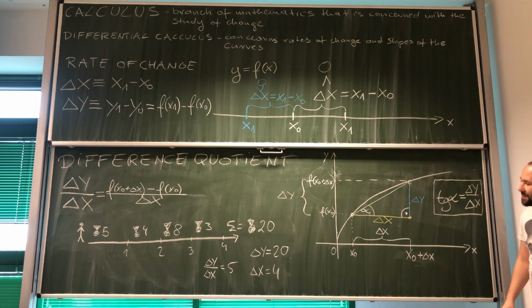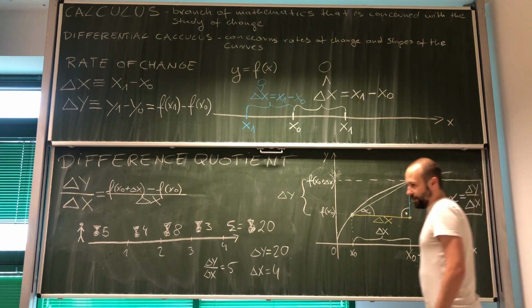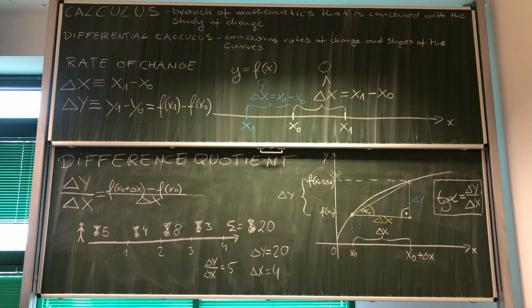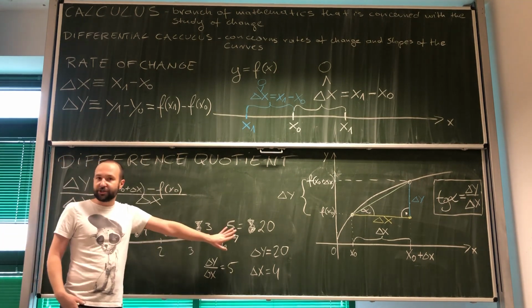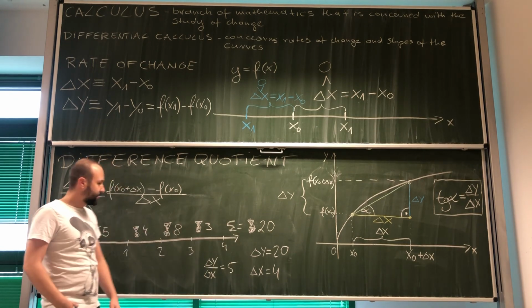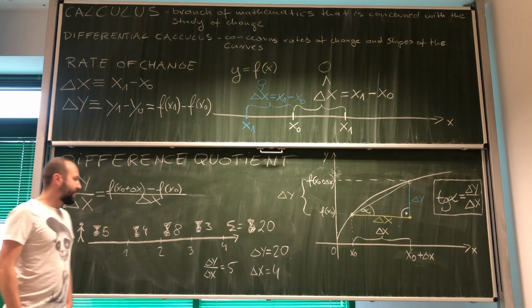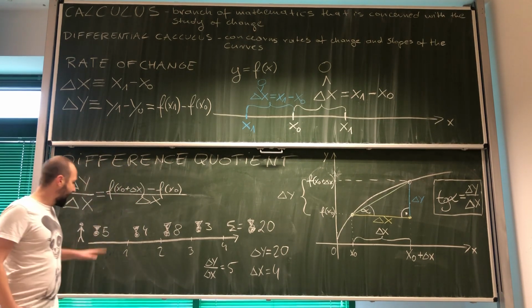So what does this 5 mean? It means that on average, the boy collected 5 bags of trash within each kilometer, right? Now, is it true that he collected 5 bags everywhere?